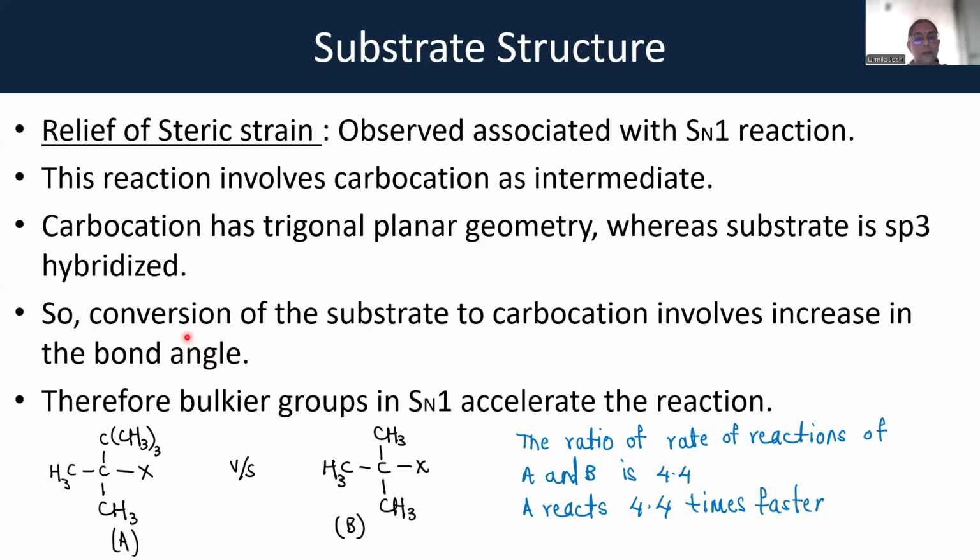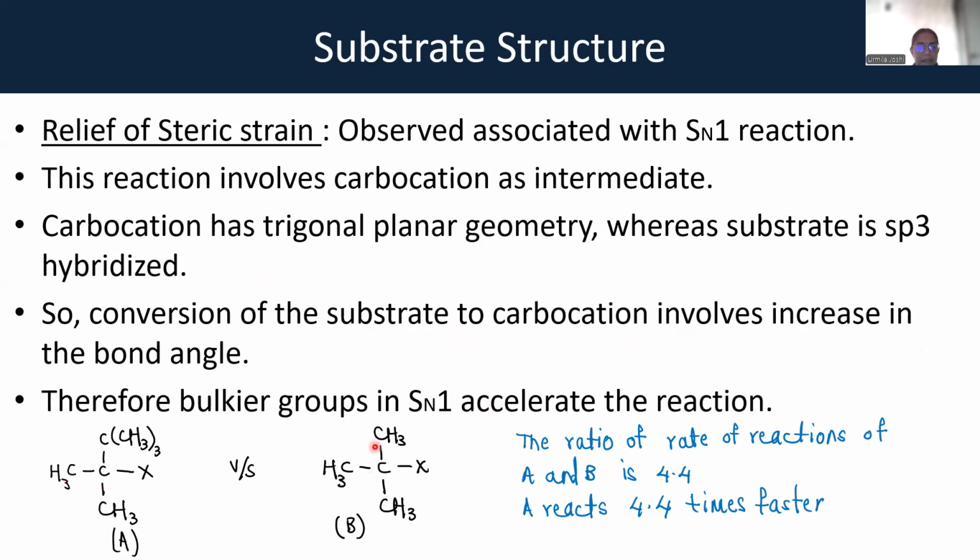So, conversion of substrate to carbocation increases the bond angle and relieves steric strain. So, bulkier groups in SN1 reaction accelerate the rate of reaction.